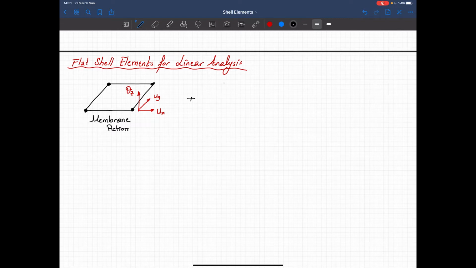plus you have a stiffness matrix for the plate bending action. It could be a thin plate or a thick plate. It depends on what formulation we want to use. We have the plate bending action.